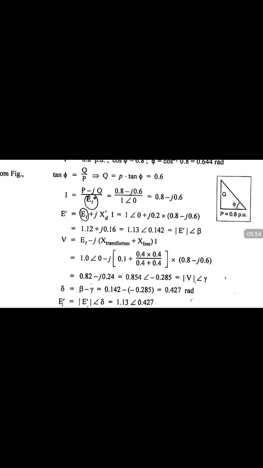So the transformer is 0.1 and the transmission line is 0.4 into 0.4 divided by 0.4 plus 0.4, into the current, which is 0.8 minus j0.6. When we simplify the V equation, we get 0.854 at an angle minus 0.285, which is the modulus of V at an angle.